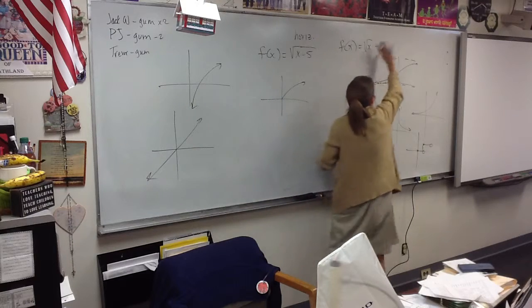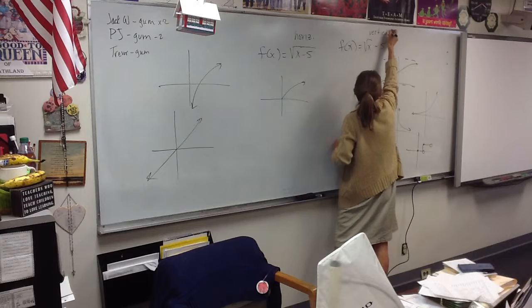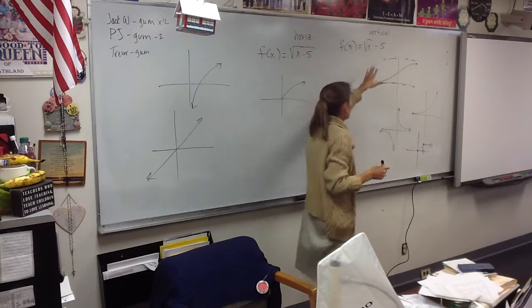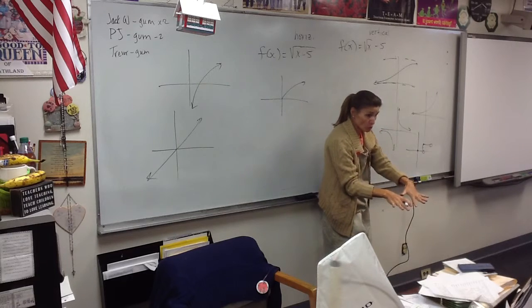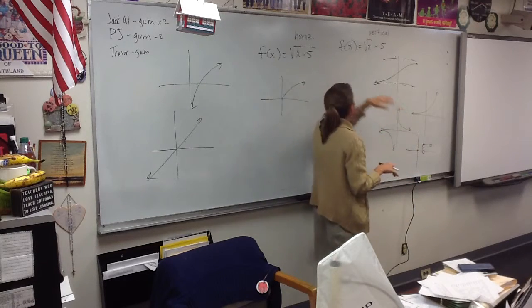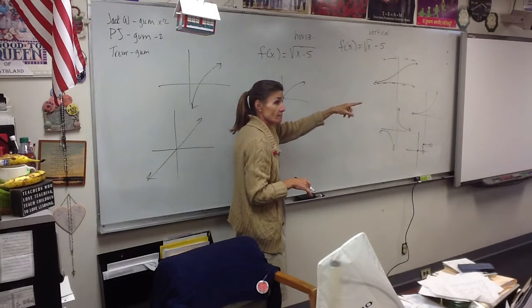If the number is outside, tacked on the end, we're going to shift vertically. So this would actually move me down 5. Vertical change, down 5. This moves me 5 units to the right.